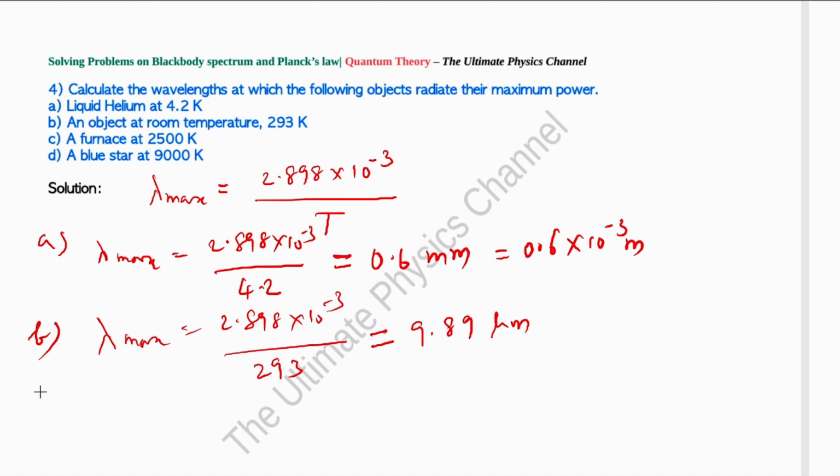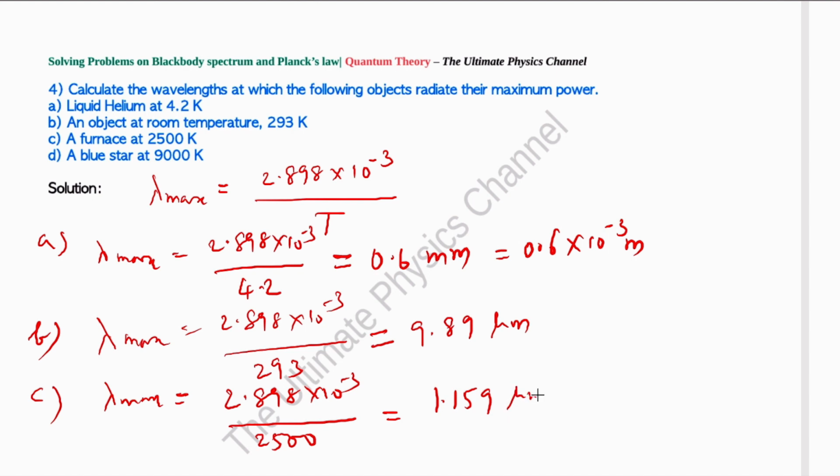The third one is a furnace at 2500 Kelvin. That is lambda max is equal to 2.898 into 10 power minus 3 over 2500 Kelvin, and that would be around 1.159 micrometers.